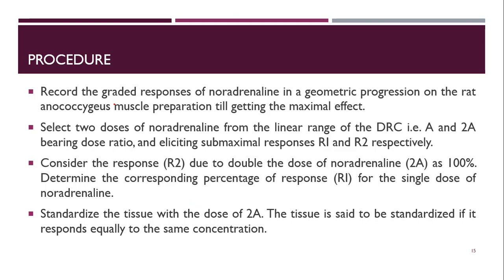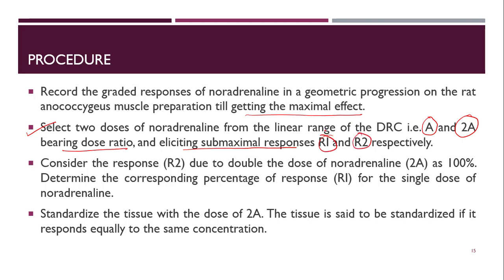Next, record the graded response of noradrenaline in geometric progression on the rat anococcygeus muscle preparation till getting the maximal effect. So we have to get the DRC of noradrenaline. Then we select two doses of noradrenaline from the linear range of the DRC, one we consider as A and another as 2A, bearing the dose ratio and eliciting submaximal responses, that is R1 and R2.